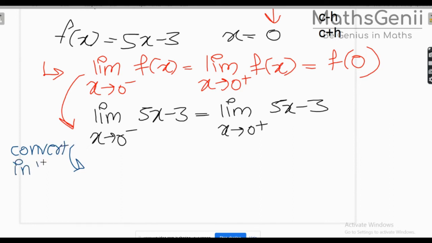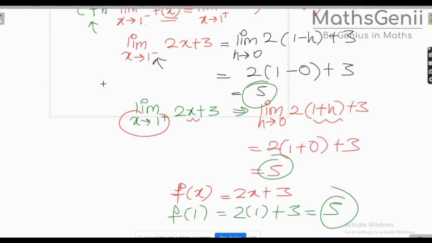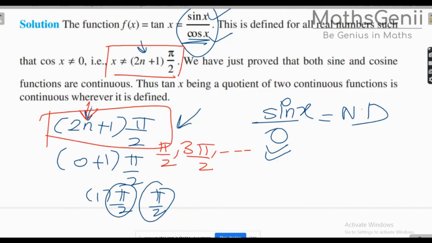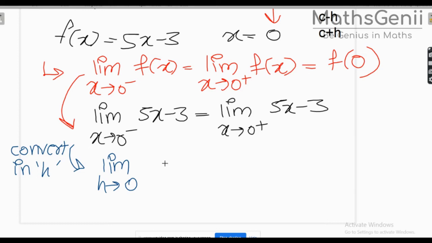So limit h tends to 0. All h tends to 0 is a standard term. If you remember, in the previous question also we had 1 minus, but we had converted into 0. So every time you're going to write h tends to 0 because that's the definition of limits.